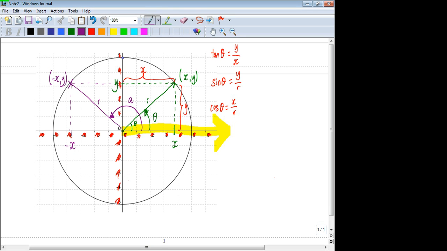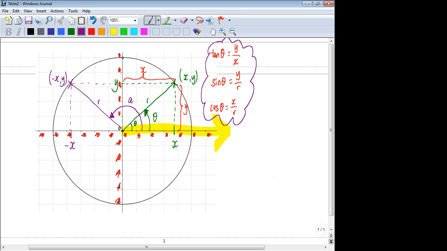So we are going to use these same things. This one does not change. We're going to use this to define trigonometric functions of angles that are greater than 90 degrees.